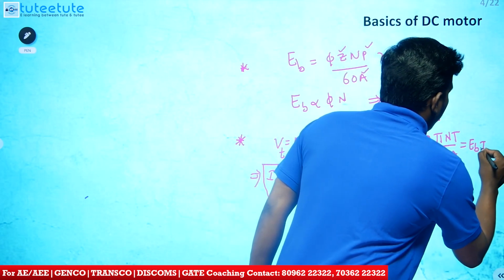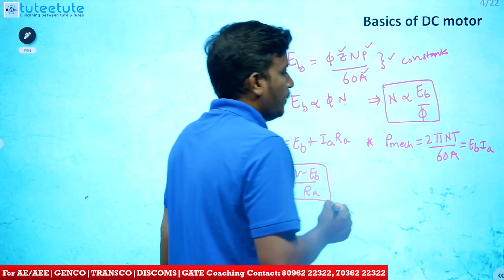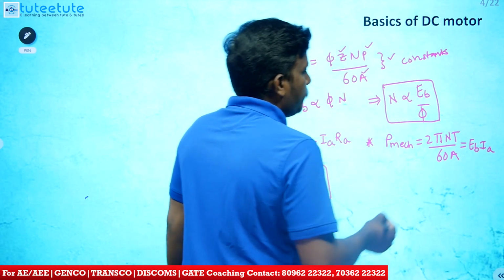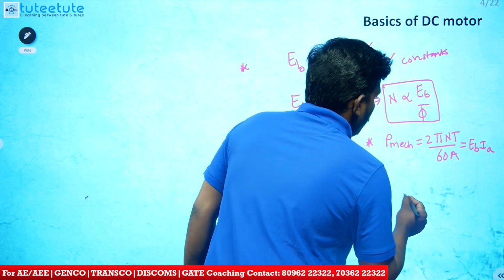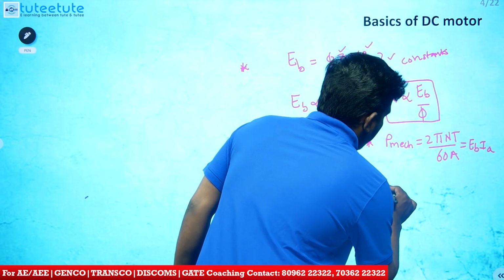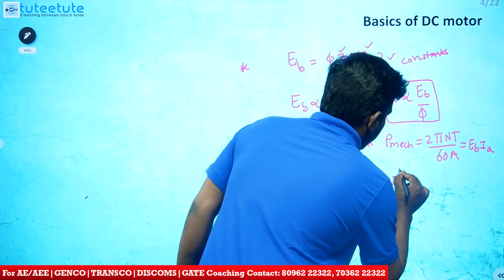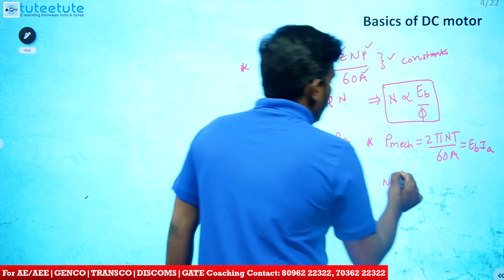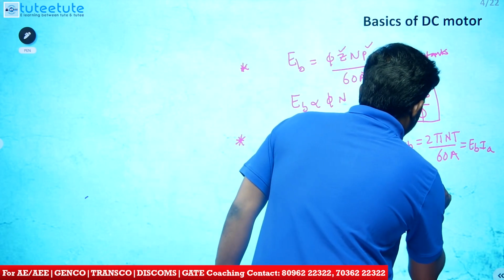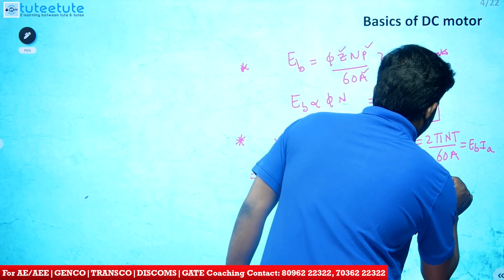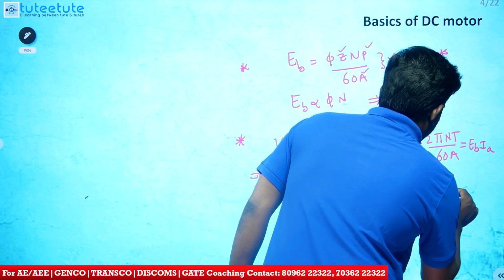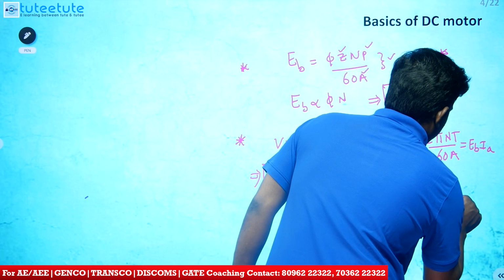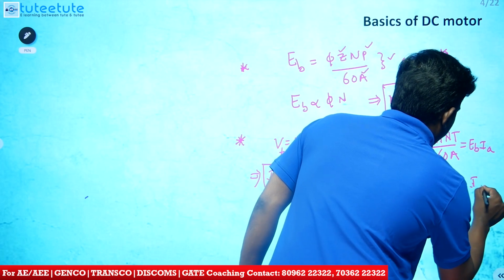From this equation, with other parameters constant, n into T is equal to pi ZNP by 60A into IA, substituting the back EMF equation here.